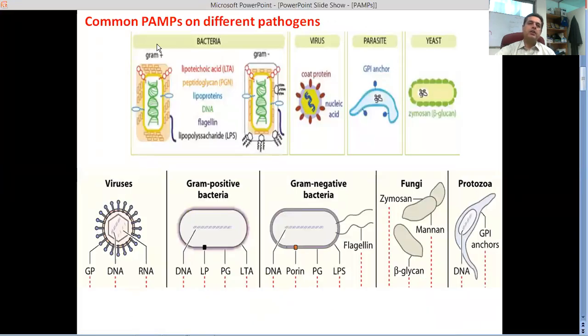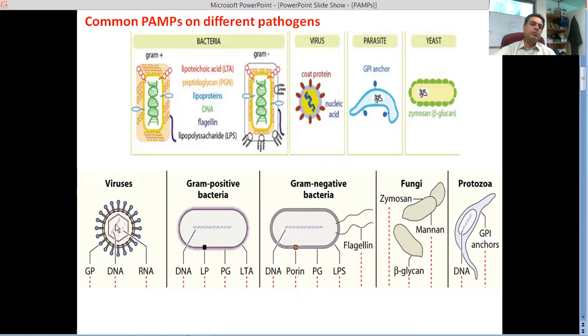Now, what are the common PAMPs on different pathogens? If you look at the viruses, the glycoproteins on the surface of viruses are PAMPs. All the viruses which have these glycoproteins on their surfaces would trigger innate immune responses, or they would be recognized by cells of the innate immune system in the same way, and the response of the cells would also be the same.